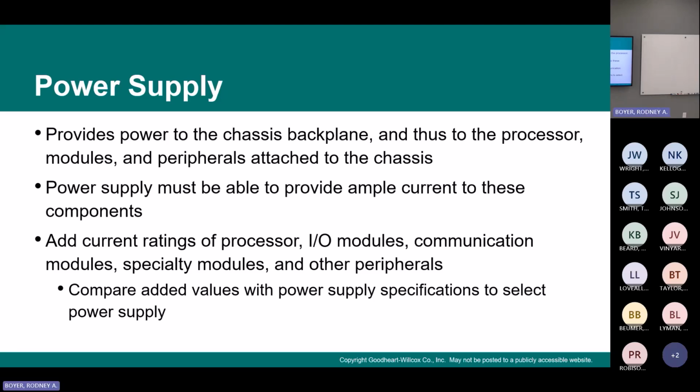But the power to operate the logic on the module comes through the backplane. The power to turn the inputs on is an external supply.